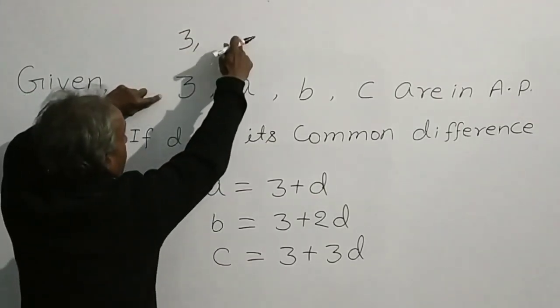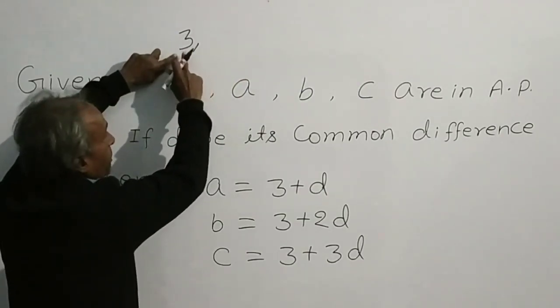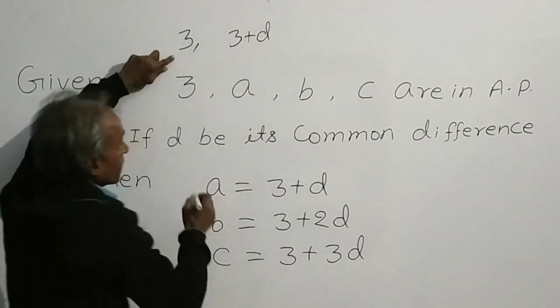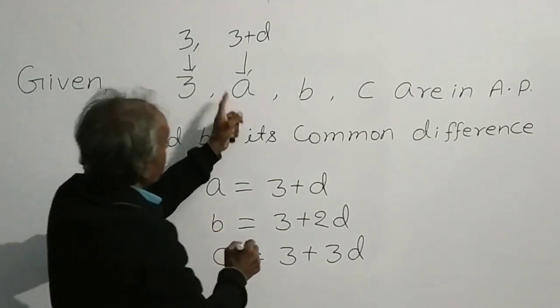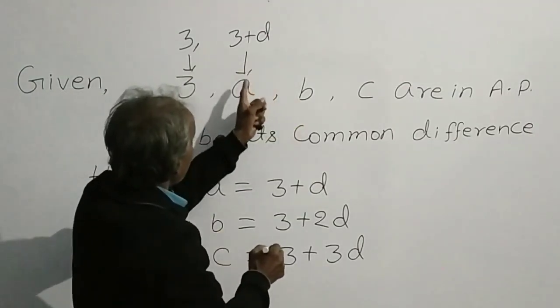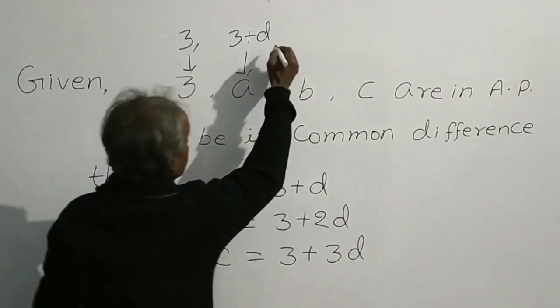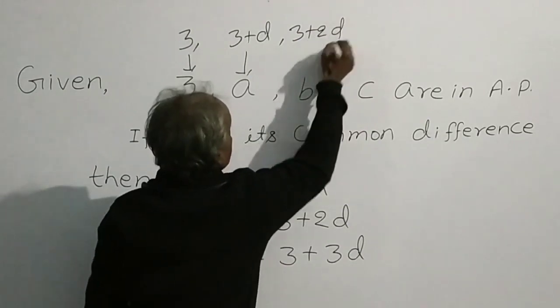To get the second term, we add the common difference with this first term, 3 plus D. To get the next term, we add D with this term, so this will be 3 plus 2D.